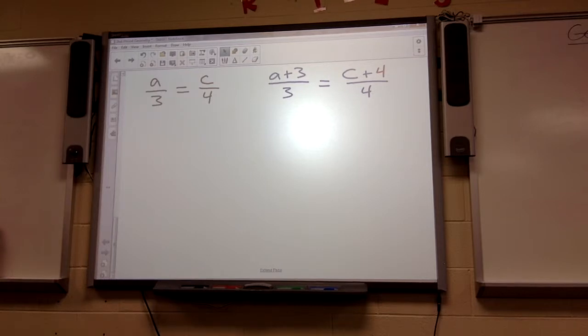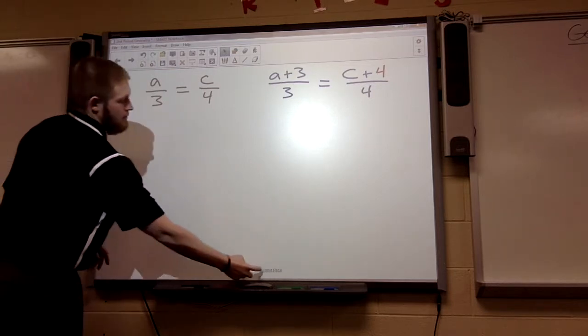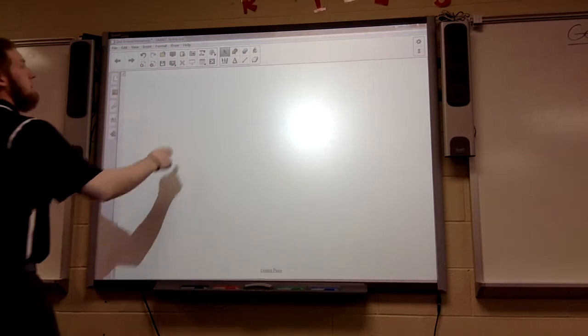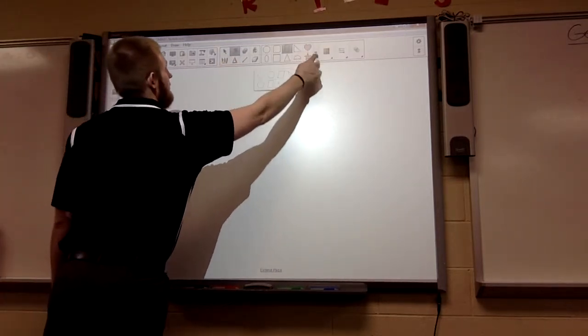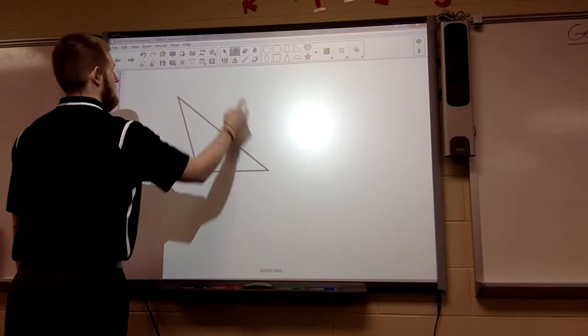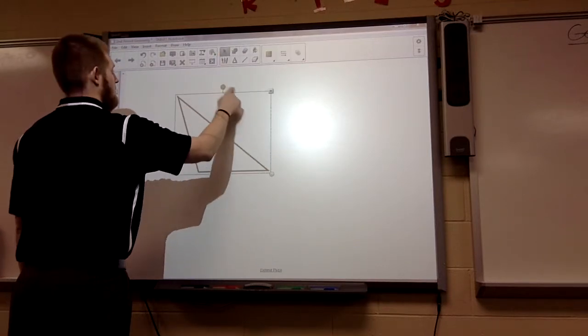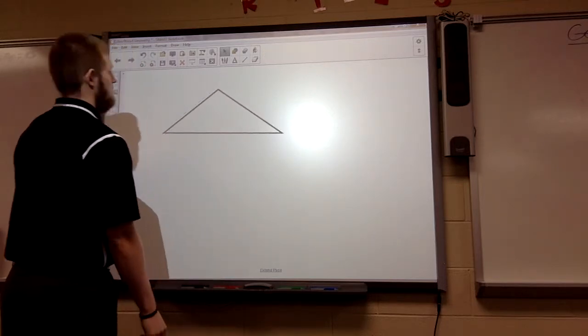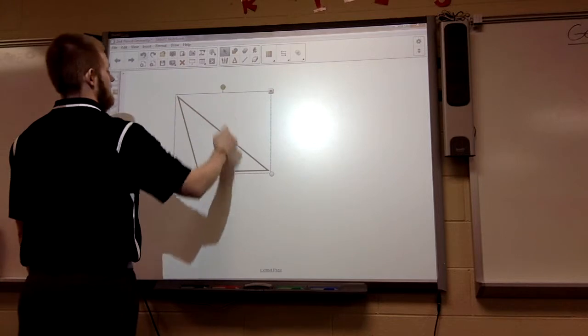Okay, moving on here. We're on page 466 now. We're still working with proportions here, but now we have to set up our own proportions. It gives us a little guidance. Let me get my triangle drawn here.